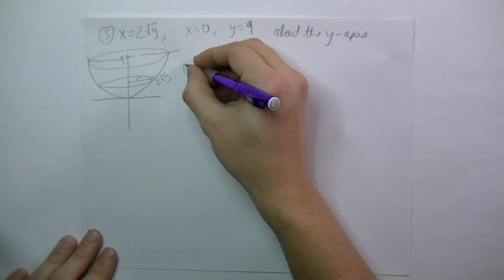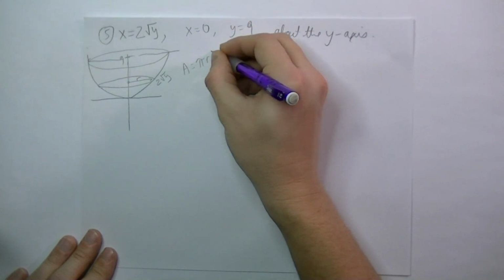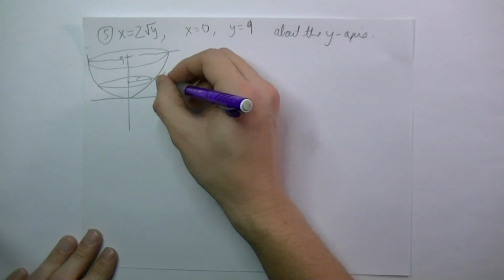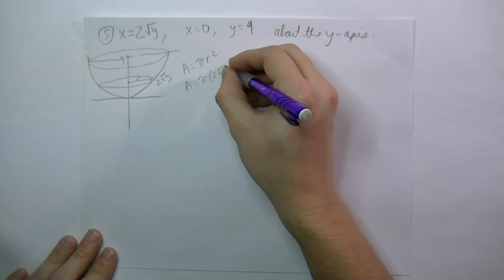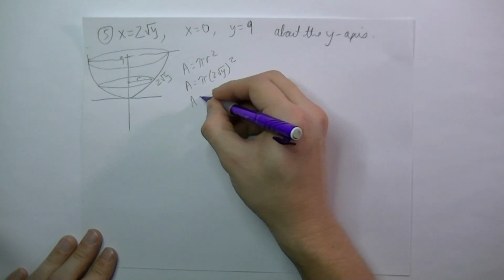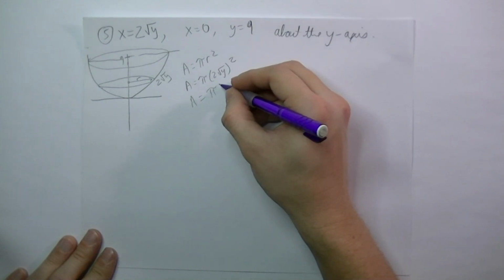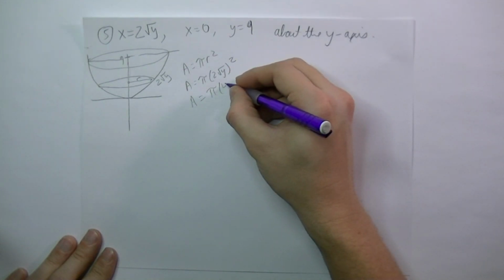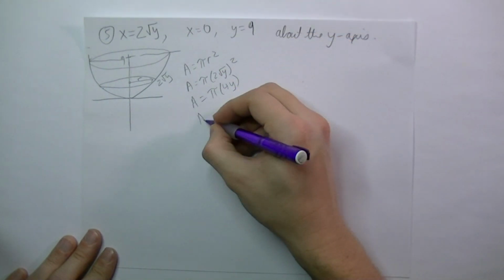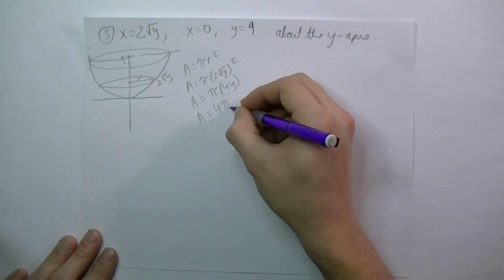So the area of the circle is pi r squared, and my radius is 2 square roots of y squared. So the area is pi times 2 squared is 4, and square root of y squared is y. So the area is 4 pi y.